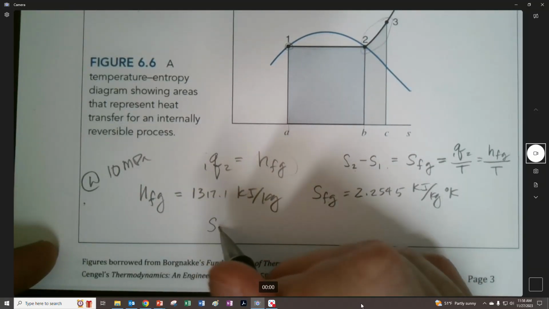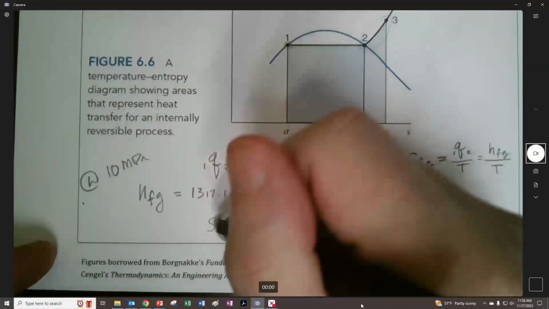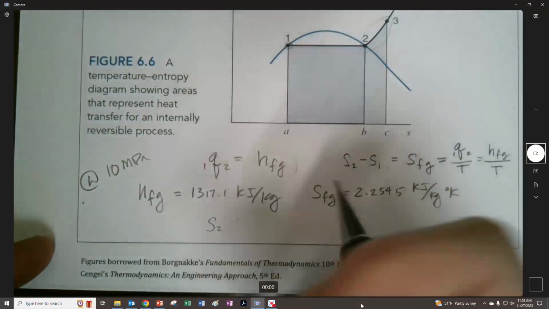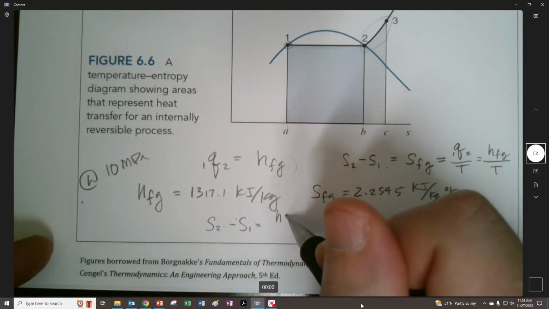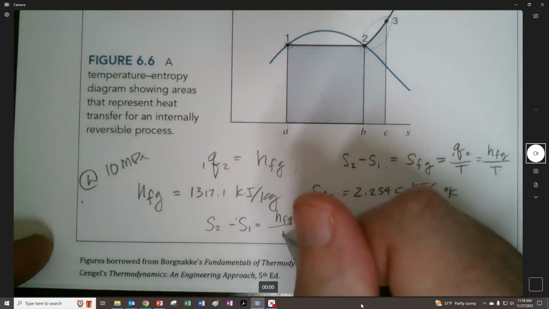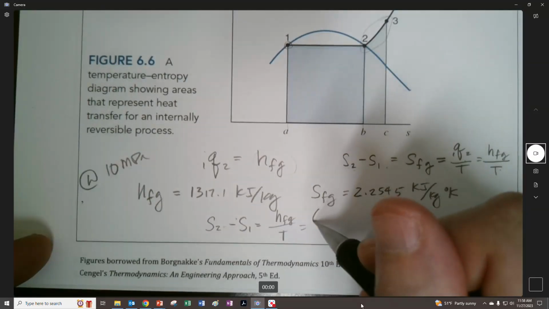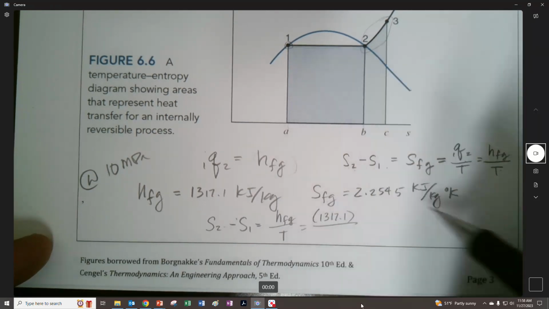So we're going to say S2 minus S1. Let's say that it's F right here, just like I said up here. So over temperature, we have 1,317.1, and this is divided by Kelvin, right?